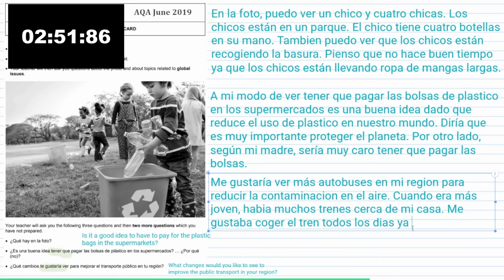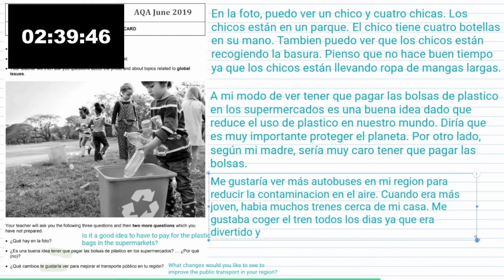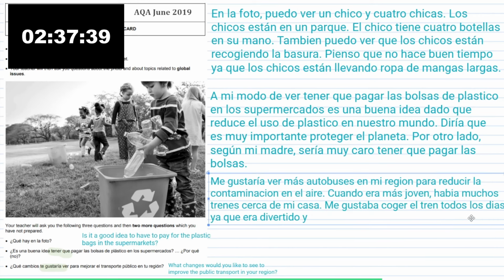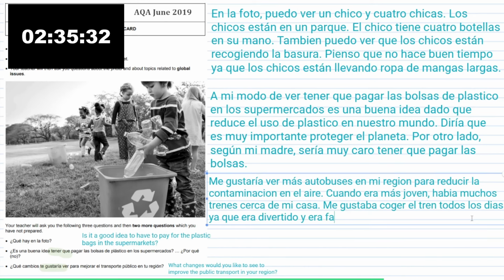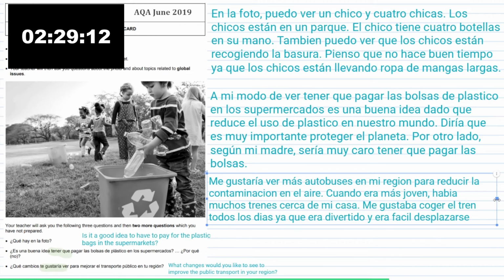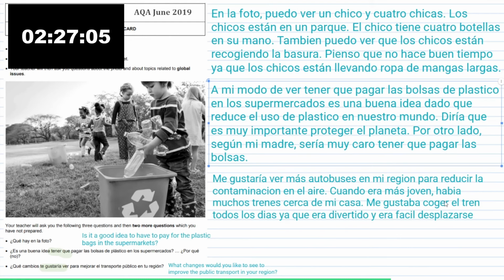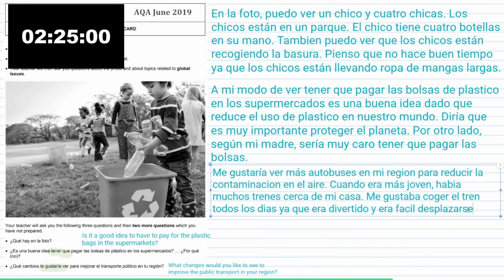A reason, ya que it was easy to get around, ya que era divertido, it was fun. Y era fácil desplazarse. It was easy to literally get around, is what that means. Because public transport, being on a train, you can travel easily, I guess.